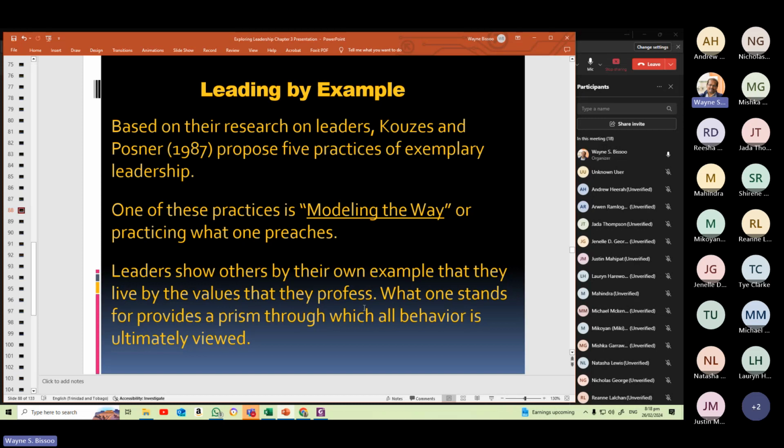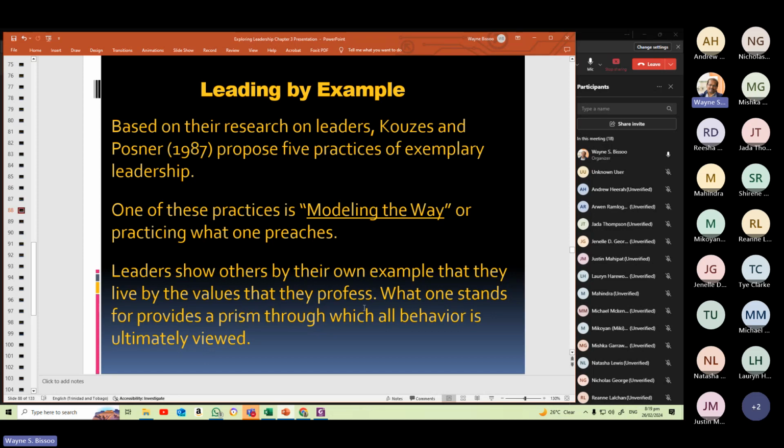Think about it from the perspective of being a child. Children copy what we do as adults. Similarly, as a leader, what you do is going to model what you expect other people to do. So your value structure is going to be mirrored by the people around you and the people under you in your organization.